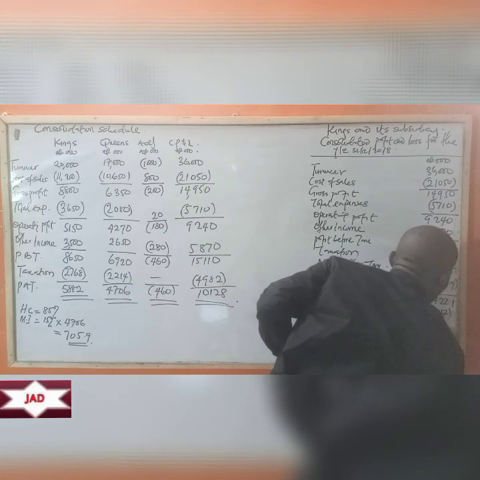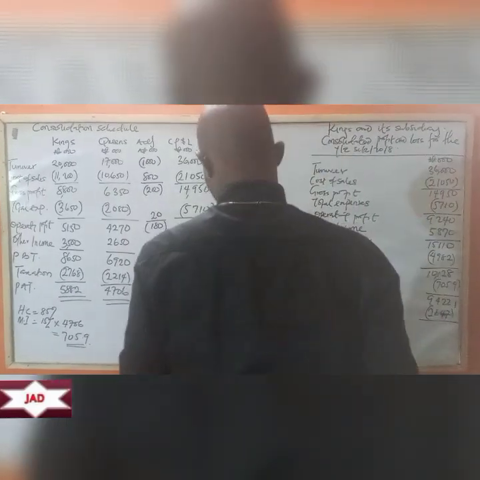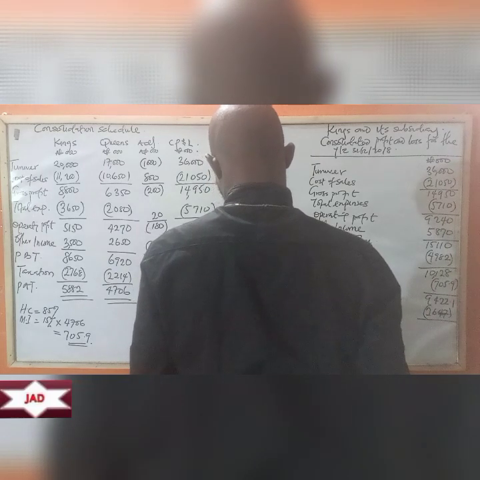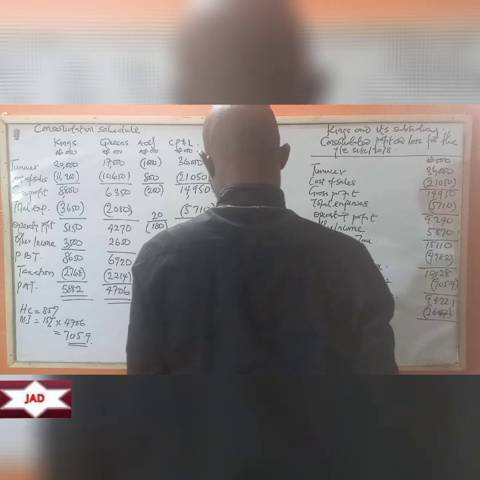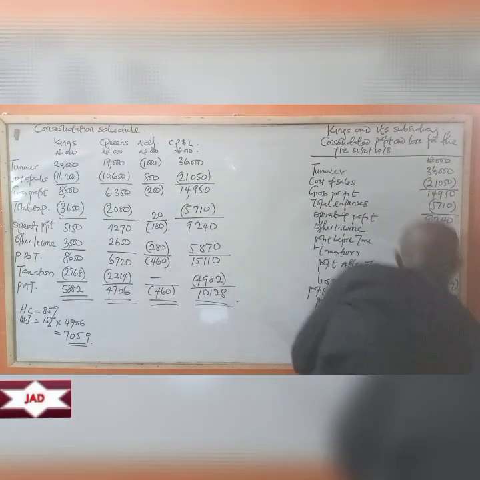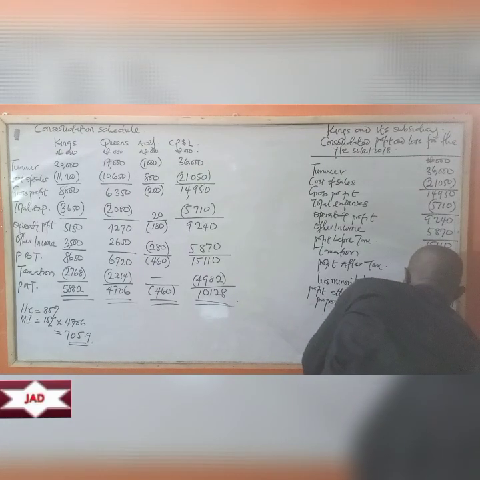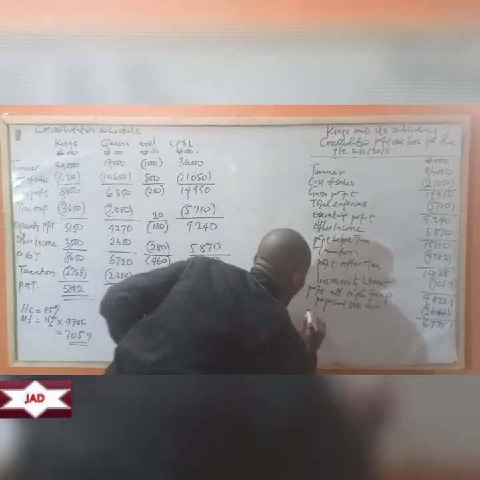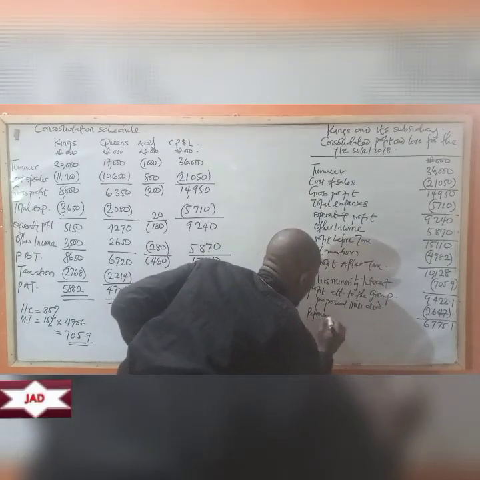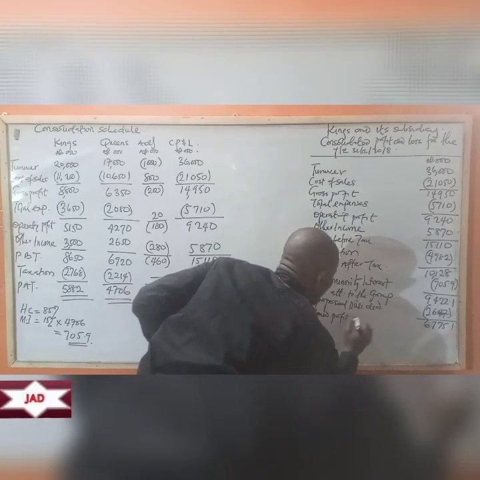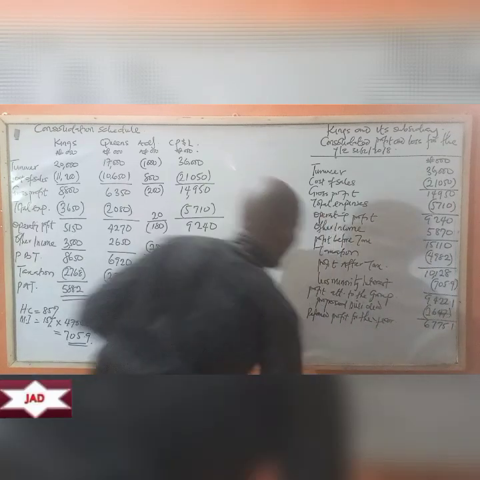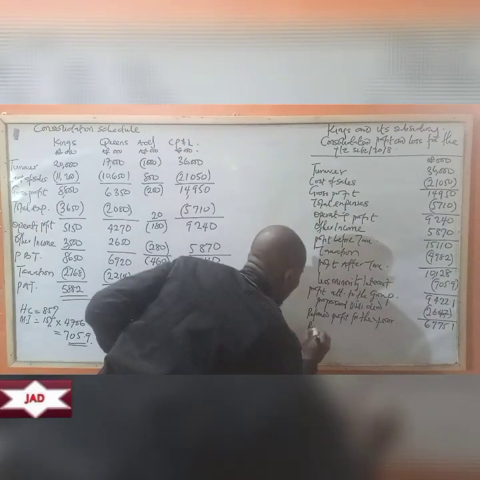So what do we have? 6775.1. So we say this is what? Retained profit for the year.